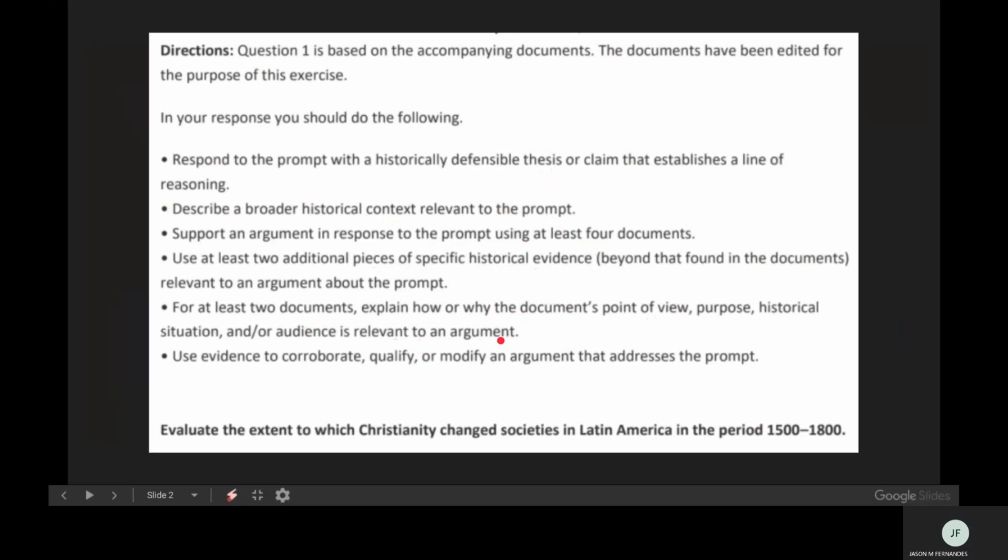Okay, and how that's useful to the argument as well. All right, so our prompt: evaluate the extent to which Christianity changed societies in Latin America in the period 1500 to 1800, right? So if we situate this in time, we're looking at 1500 to 1800. And hopefully when you're thinking of that in world history, you're thinking about this period of European expansion, right?